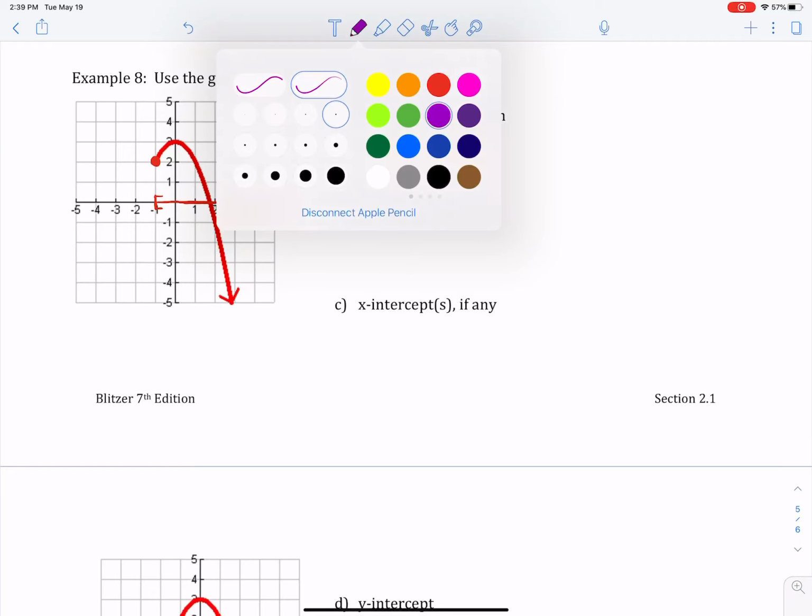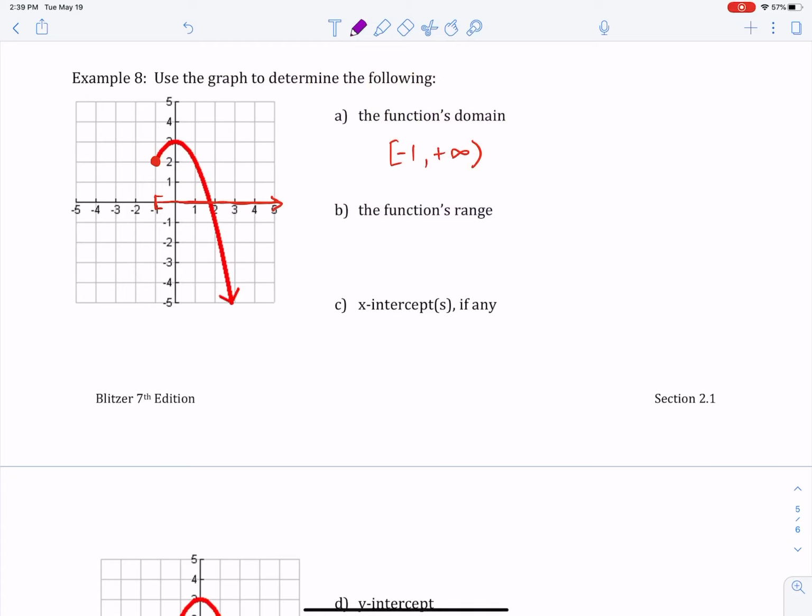What is the function range? Well, the topmost point here I can see is at 3. And since this graph goes low to negative infinity, with that arrow showing me that, I'm going to say, well, then the range is from negative infinity to 3, and 3 is included. Notice that I did not say 3 to negative infinity because we never go backward.